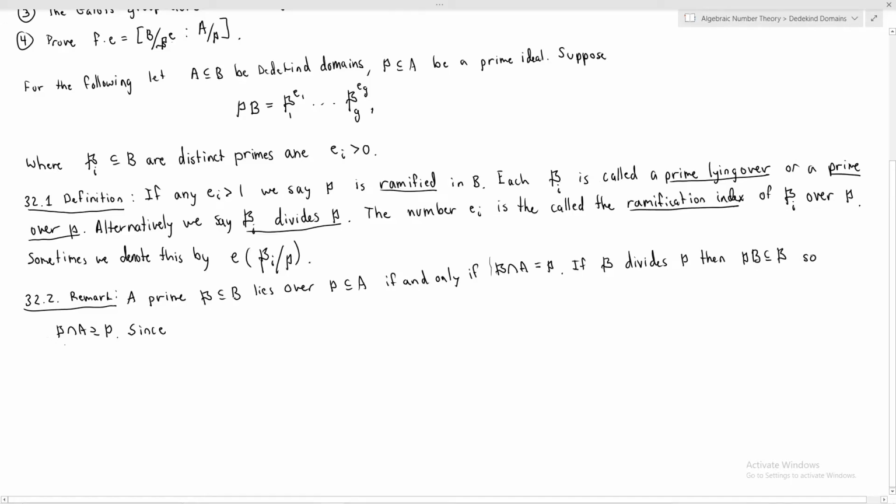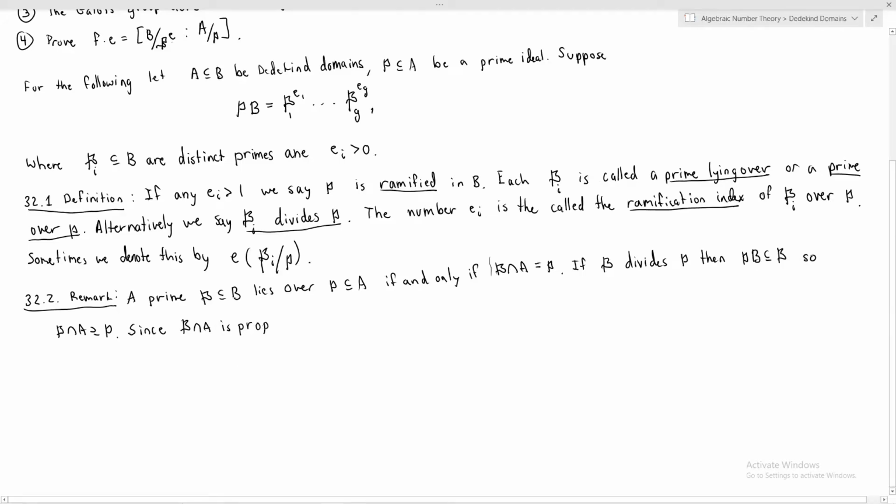Since basically this is going to be a proper, it's going to be a prime ideal. And you can check this just from the definition. It's going to be proper because it doesn't contain 1. But since this thing is prime, actually I don't even need that.